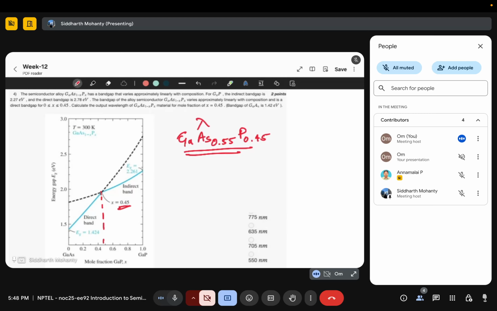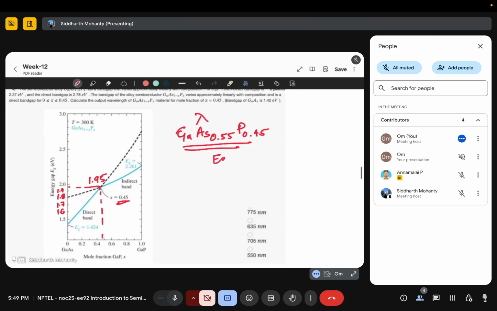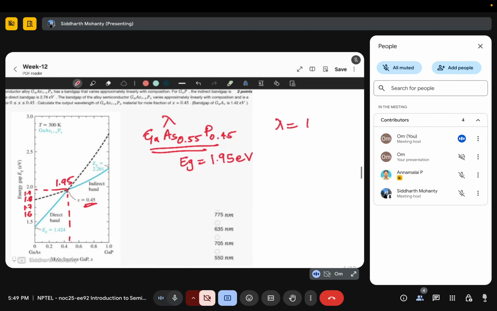So this is 1.5, 1.6, 1.7, 1.8, 1.9, and this cross is nearly at 1.95. So the band gap is 1.95 electron volt. So lambda is 1.24 upon Eg. It is 1.24 upon 1.95.